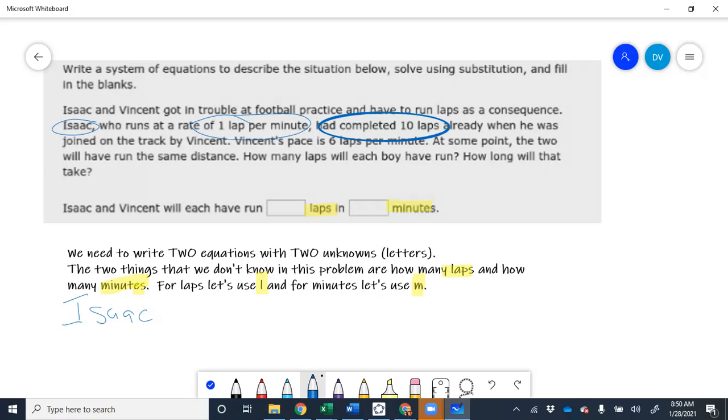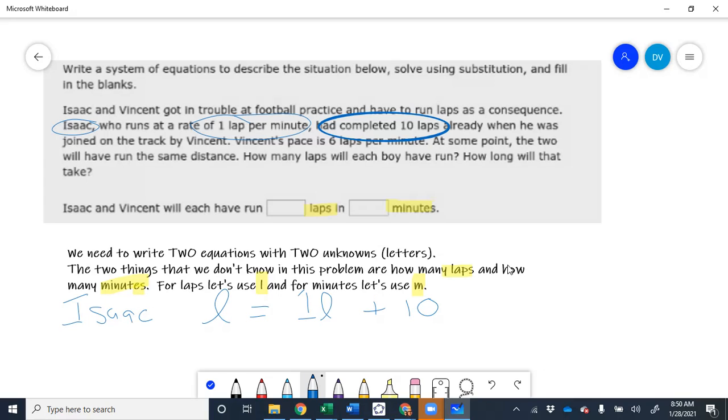The number of laps that he has run is equal to the 10 that he's already run. I'm going to put the 10 over here. Plus 1 lap. I'm going to make my 1 not look like the letter L by putting a little curve on the L, by writing the L in cursive and the 1 with a regular digit like that. So that's how many laps Isaac has run.